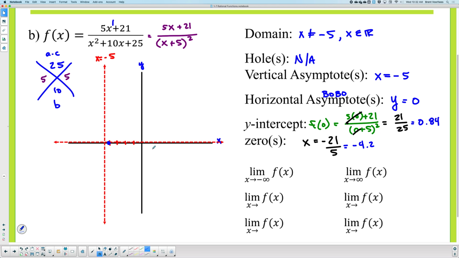I don't know where I was thinking. 0.84. So this would be below 1. If 1 was up there, I put that there. Okay, this I think is going to be a tricky graph. Here's what I think, it's going to come up and then curve down. But I'm going to check it in the calculator just to make sure, so we don't have to erase.